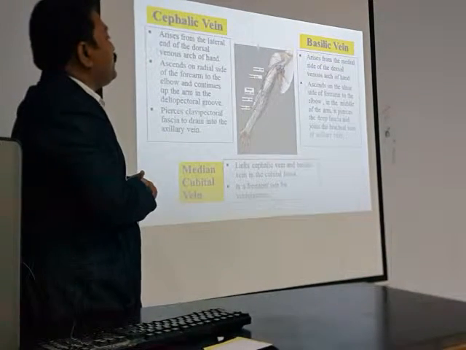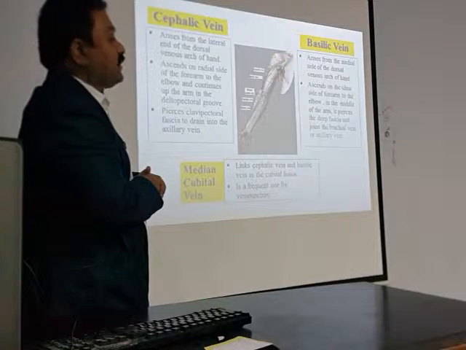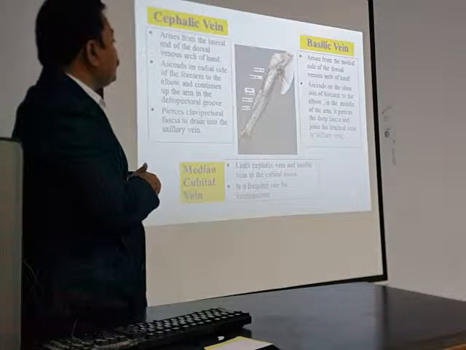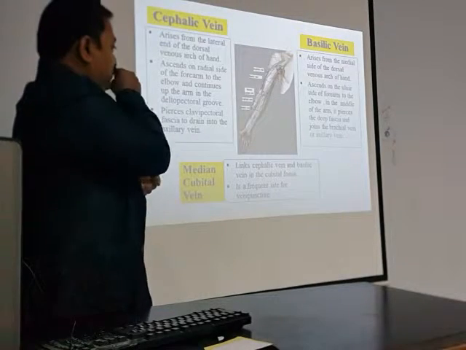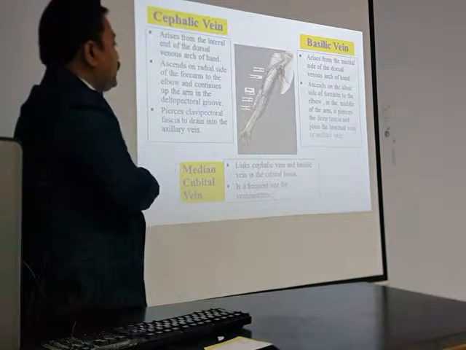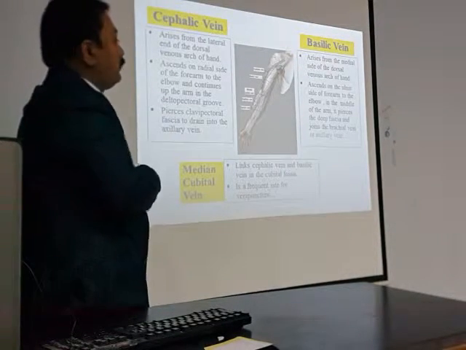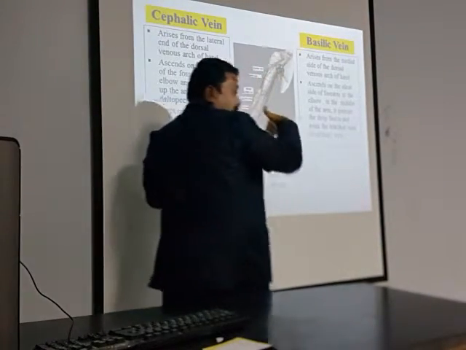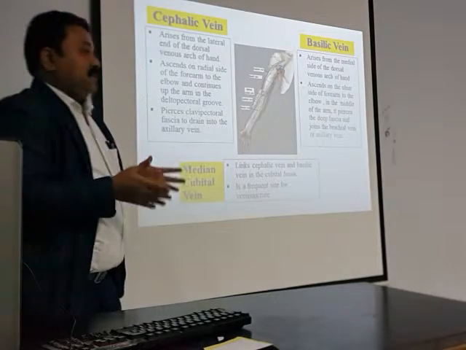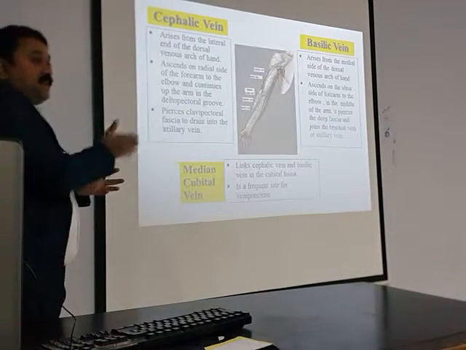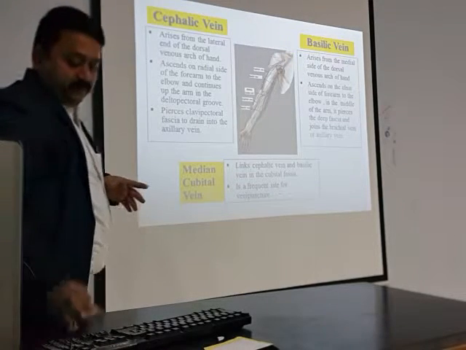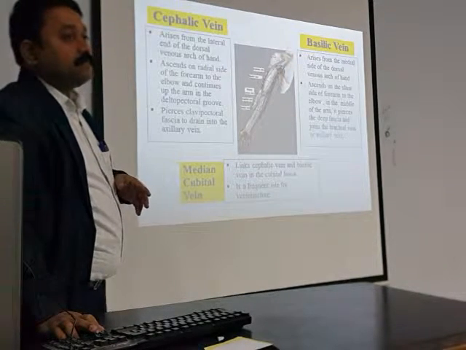And next is the basilic vein. It arises from the medial side of the dorsal venous arch and ascends on the ulnar side, isn't it? It pierces the deep fascia and joins the brachial vein here. It has to drain into the deeper vein.